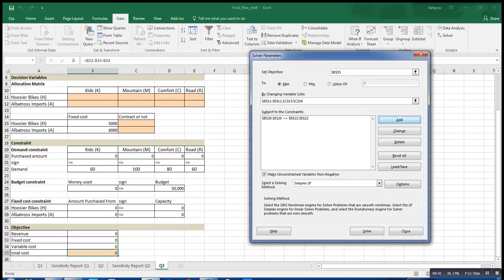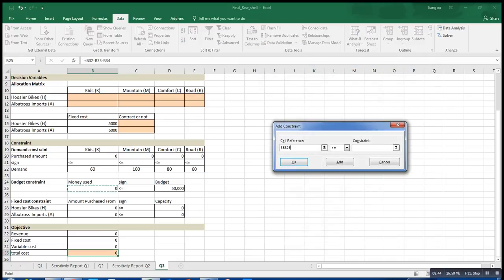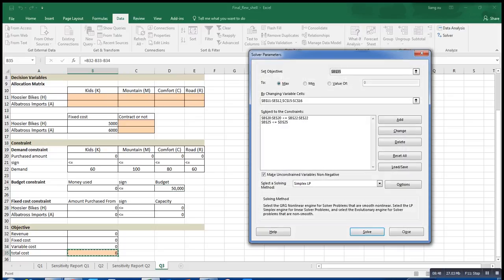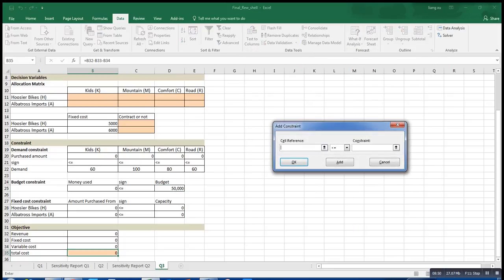And you're going to add another set, which is the budget constraint, to be less than the total money you have. And then you're going to add the capacity, or fixed cost, constraint. It says you can only buy if you contract with the supplier. And we're going to add another set of constraints which says the contract variables are binary.